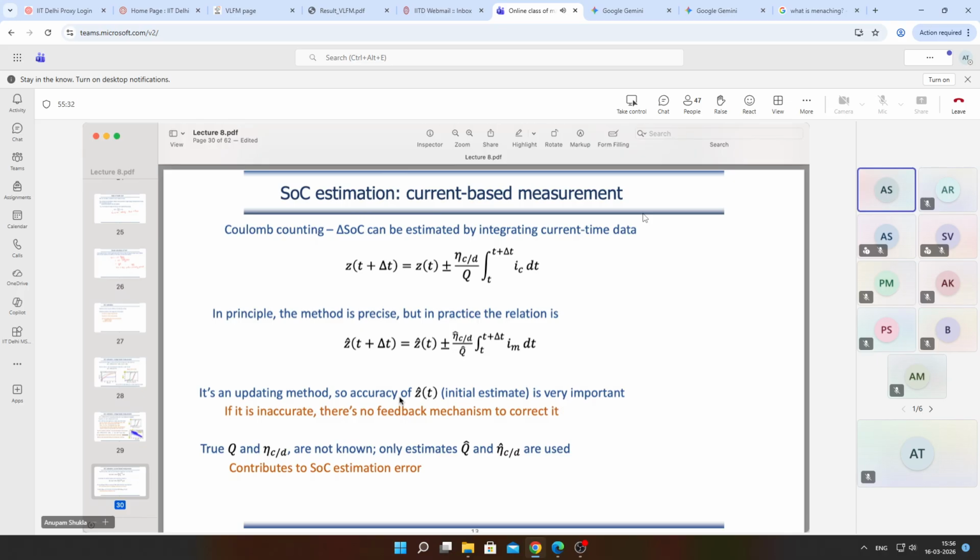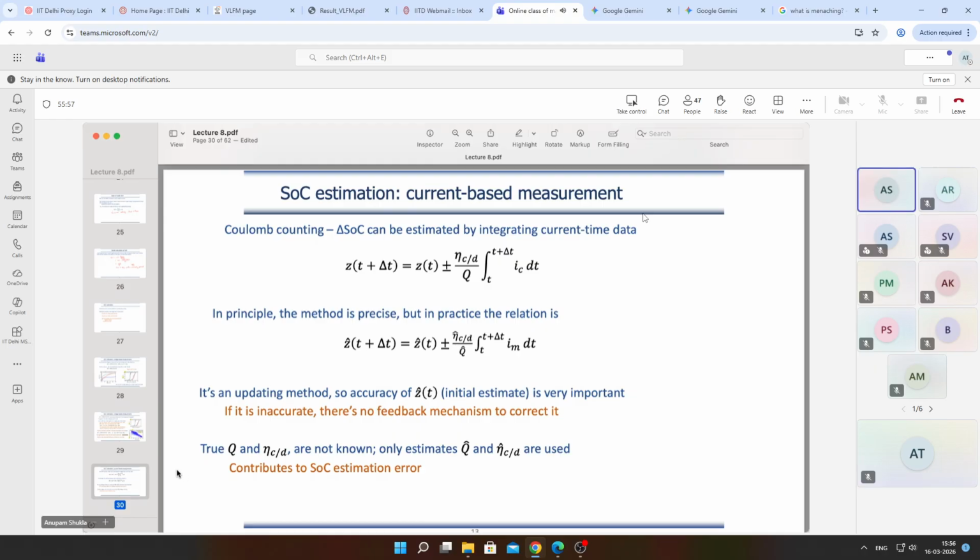If this estimate is inaccurate, then of course your follow-up updates will continue to be equally or even worse in terms of accuracy than the initial estimate. So one of the big problems with this current updation method is that if your initial estimate is inaccurate, there is no feedback mechanism to correct it.